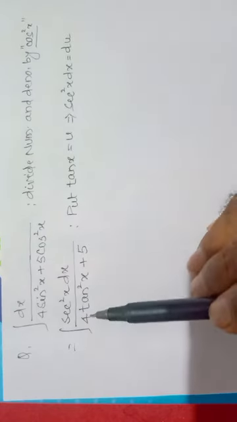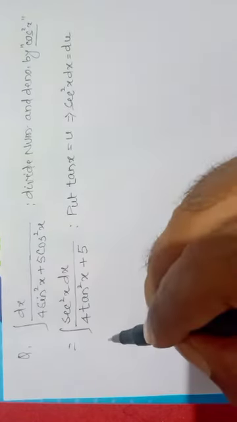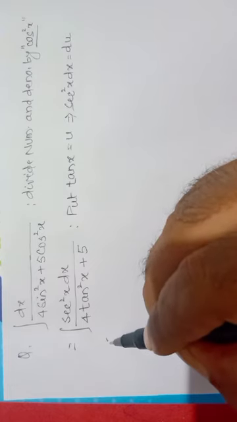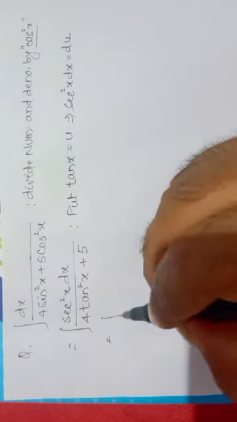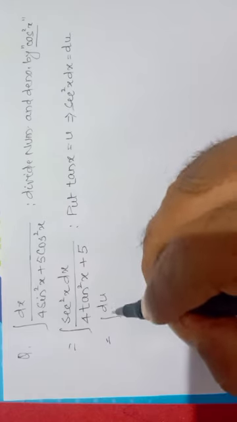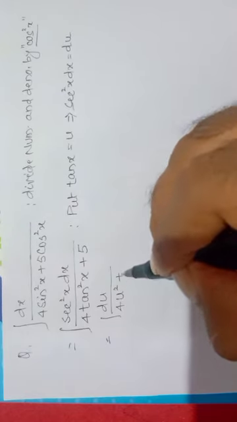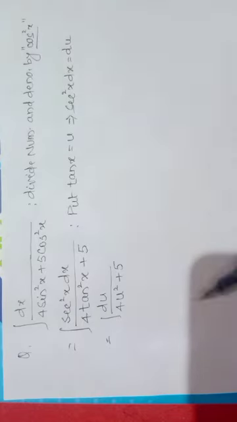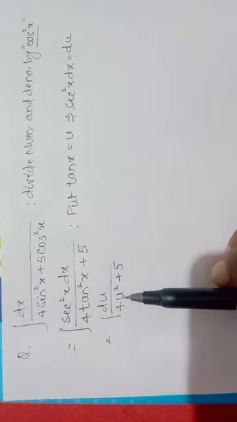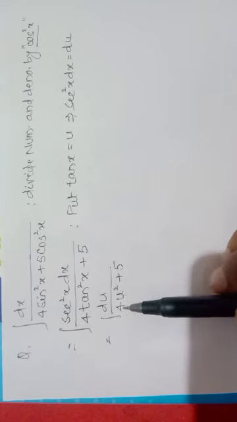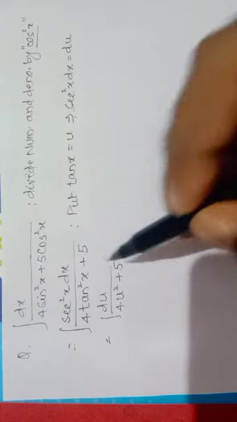Apply substitution here. So the integration should be written as du by 4u square plus 5. Again, you have to make the coefficient of u square as 1, so take 1 by 4 as common.